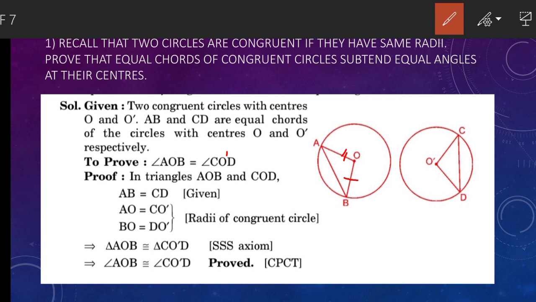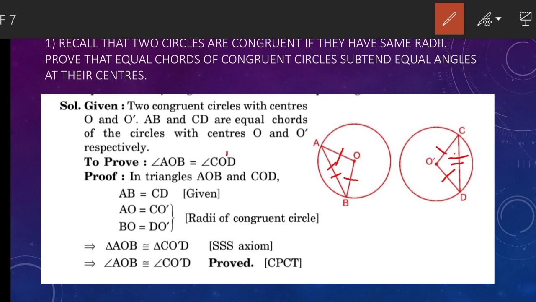AO and OB are equal, and since the radii are all equal, we can mark them with only one sign. It is also given AB is equal to CD, so the chords are also equal.